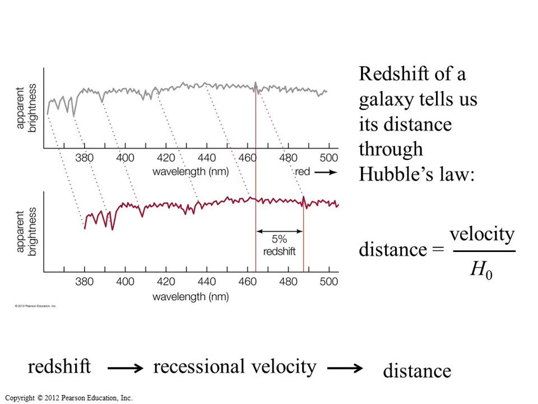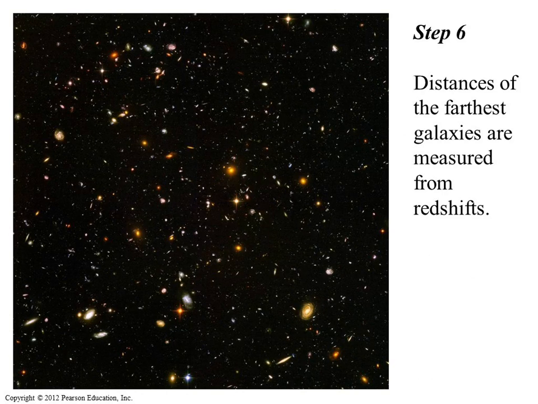And here's how you calculate distance from the velocity. It's a division. So step 6, it's funny how the slides were leading up to that. So the greater the redshift, the farther away it is, and we can use its recessional velocity to get to distance.